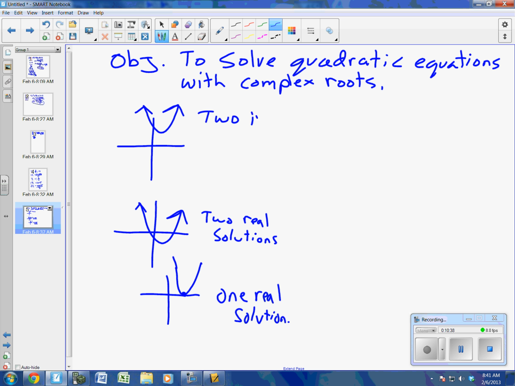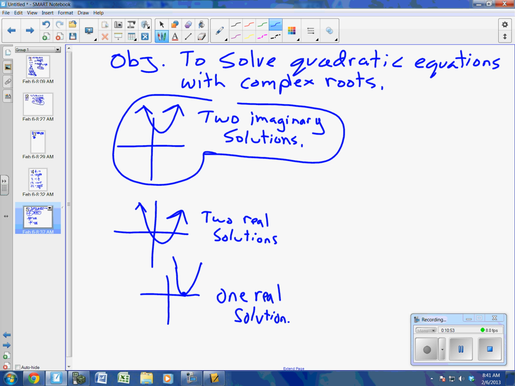Two imaginary number solutions, right? Technically, all three of these are complex roots. But when they usually say complex solutions or roots, they're talking about that it's imaginary, because we usually write them in the form a plus bi, where we have an imaginary part, okay?